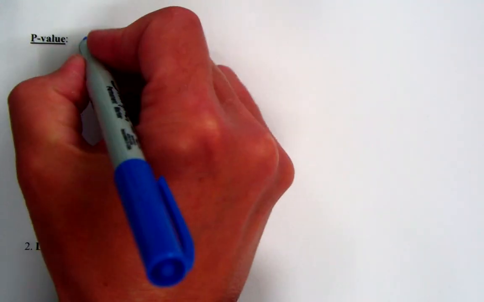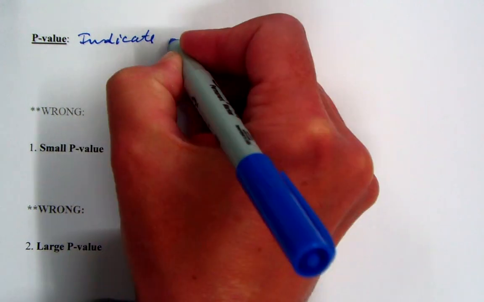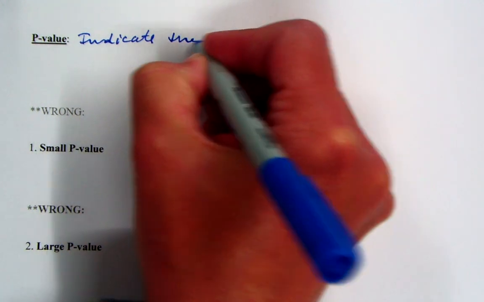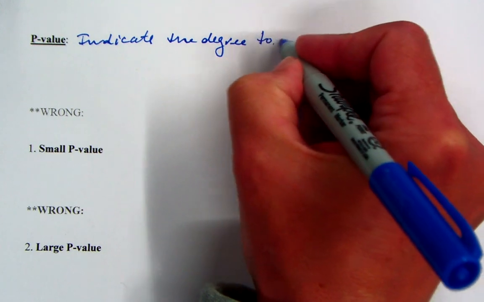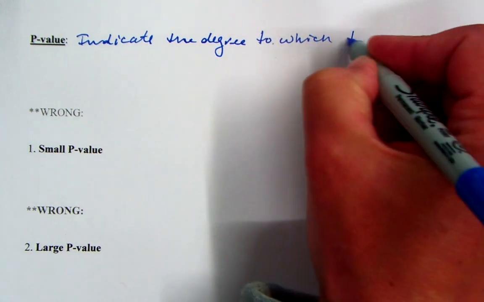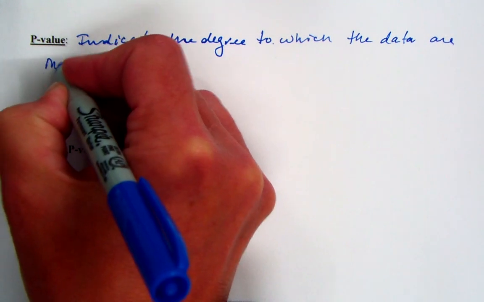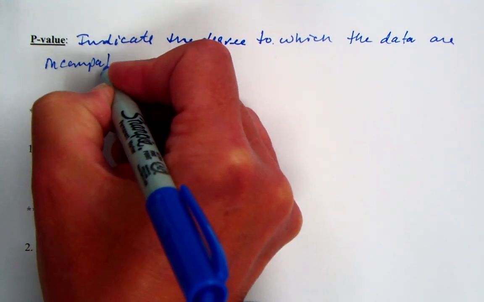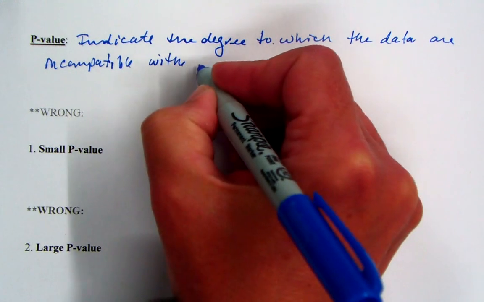So we're going to continue talking about the p-value, and the p-value is going to indicate something to you. It's actually indicating the degree to which the data are incompatible with what is expected.